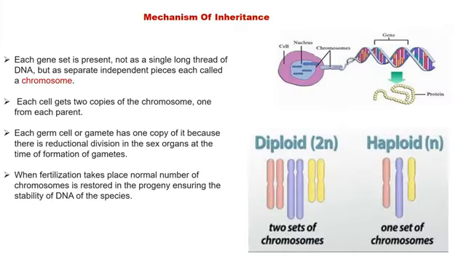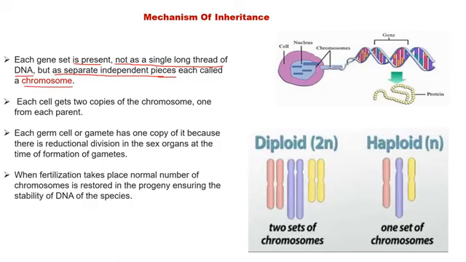Now coming to the mechanism of inheritance, which is very important to learn, and this is the concept of inheritance, right? So let's start with the first concept. Here each gene set is present not as a single long thread of DNA, but as a separate independent piece, each called a chromosome.